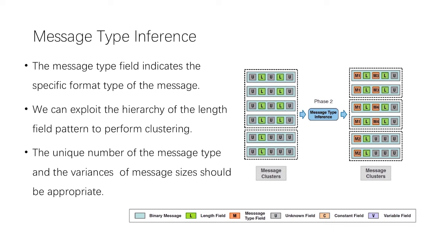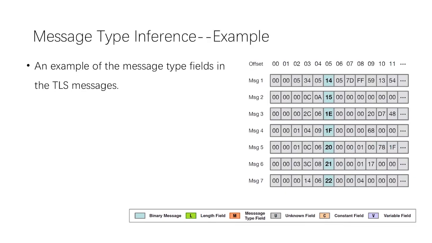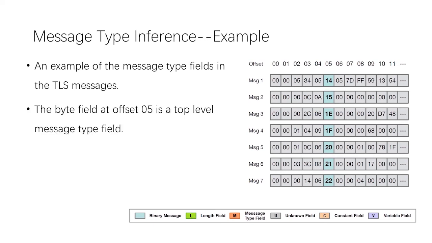The main intuition in identifying the message type field is that the number of unique message types should be limited to a proper range, and the sizes of messages of the same message type are relatively close. The figure shows an example of the message type fields in the TLS messages. According to the RFC document, the byte field at offset 05 is a top-level message type field, which is marked with a light blue background in the figure.